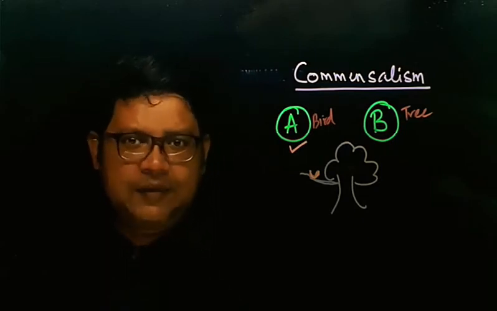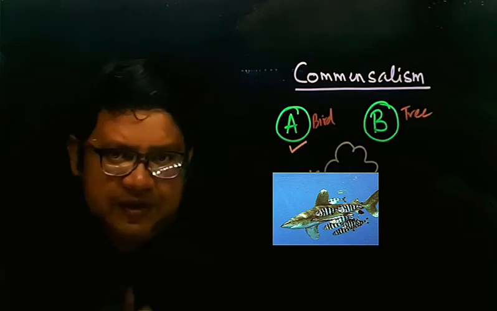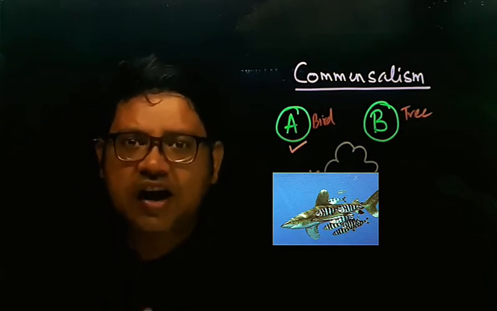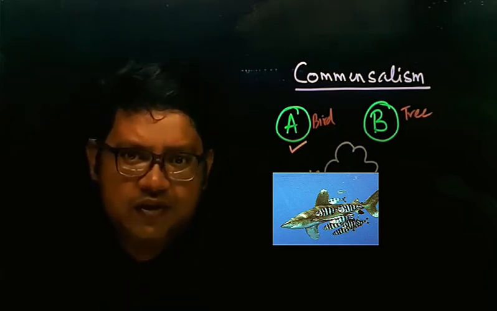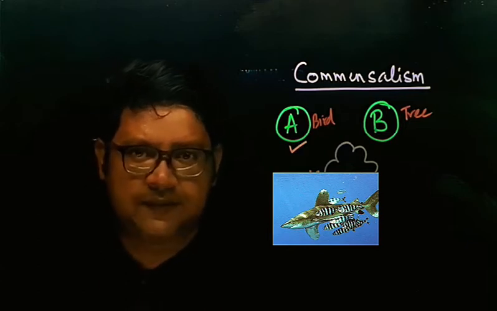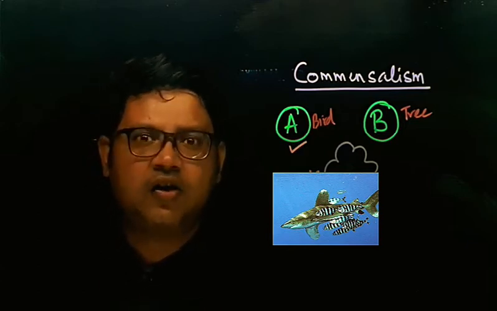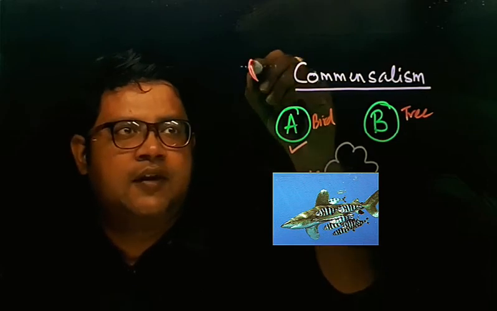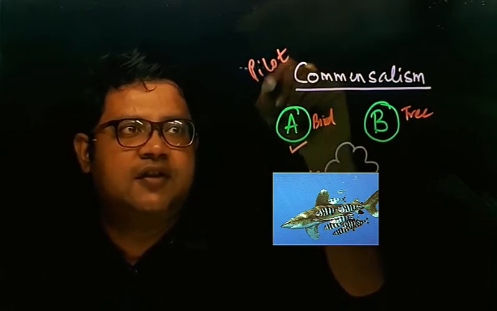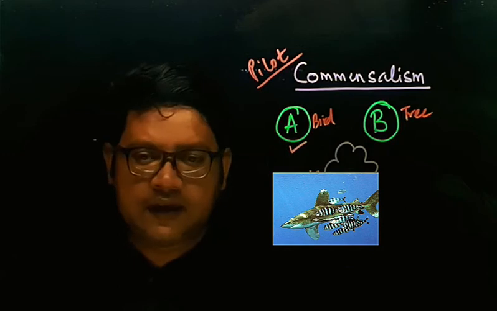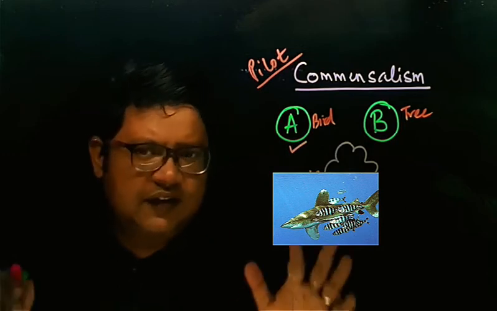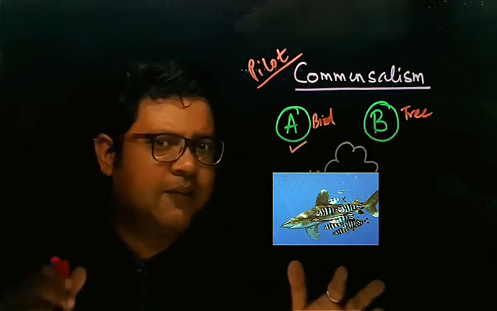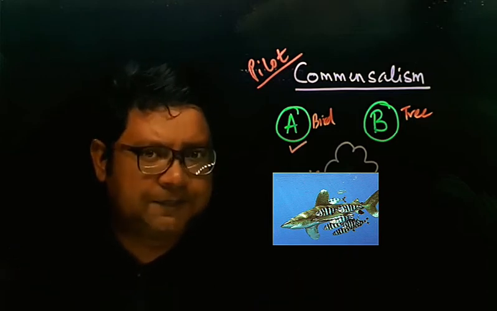I'll give one more example. Look at this picture. In this picture, you can see there is a shark, and along with the shark there are some fishes. These fishes are called pilot fishes. Now the pilot fishes stay with the shark in the water.